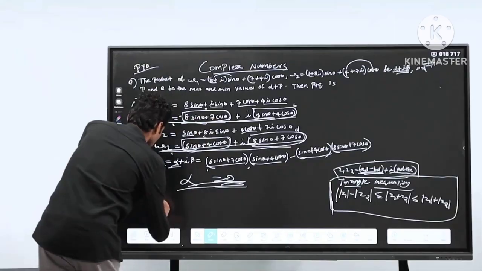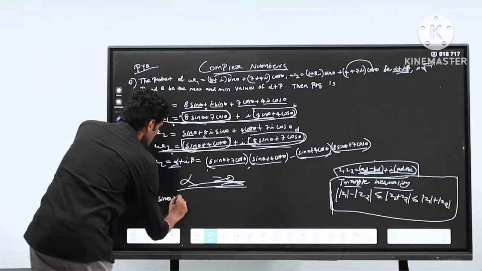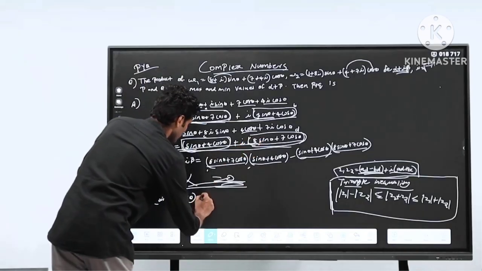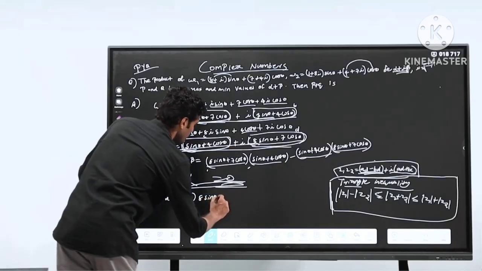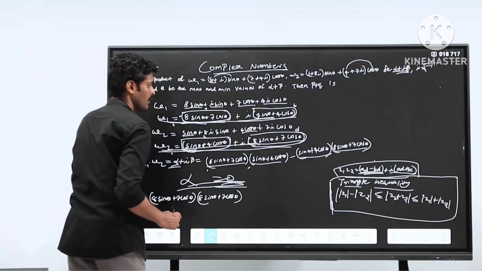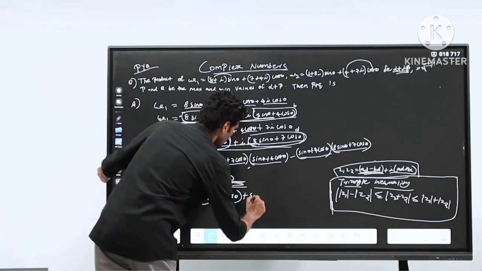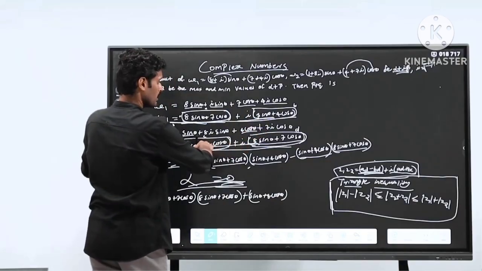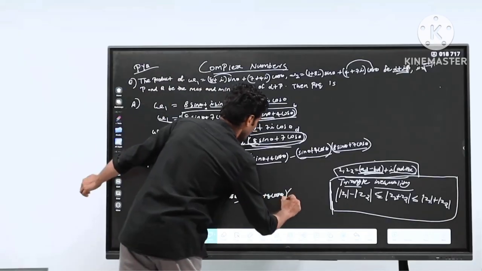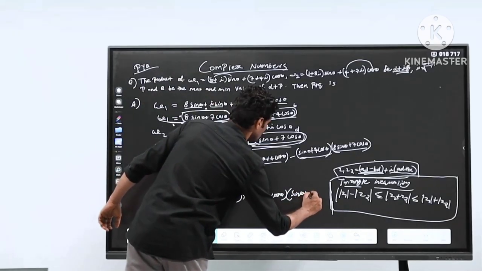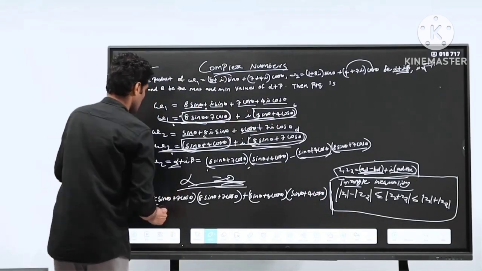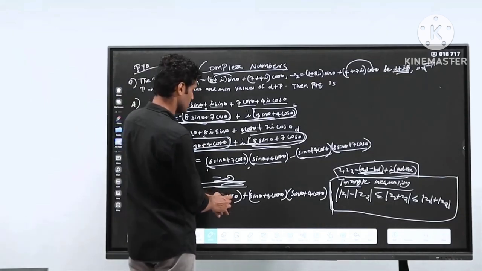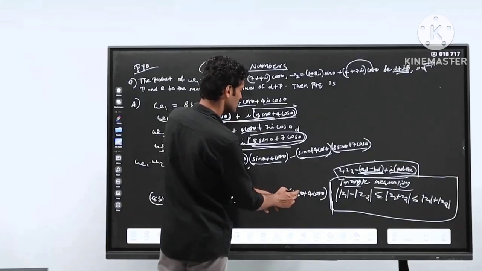A is 8 sin theta plus 7 cos theta, and D is sin theta plus 4 cos theta. BC: B is sin theta plus 4 cos theta multiplied by C, which is 8 sin theta plus 7 cos theta.